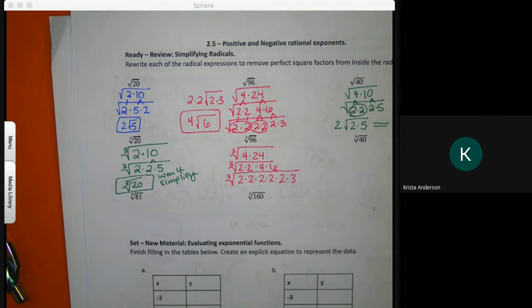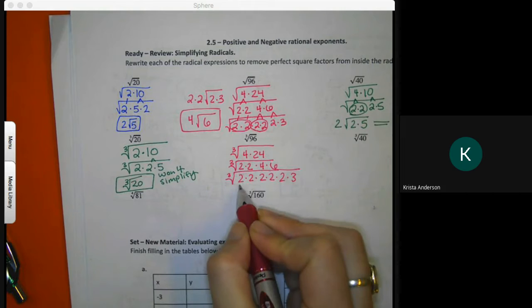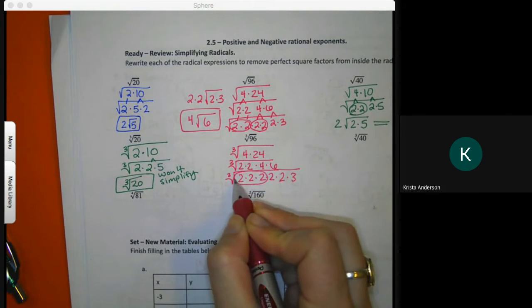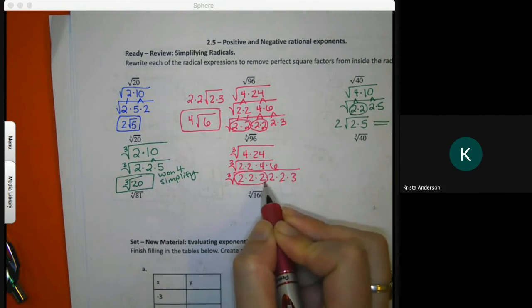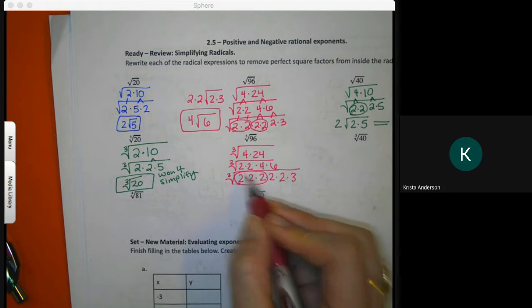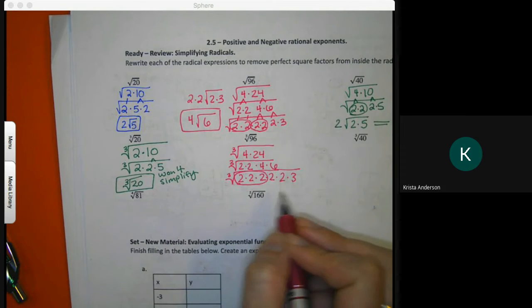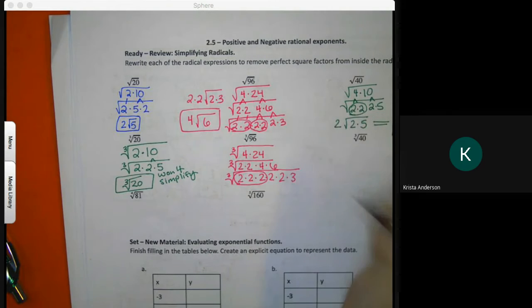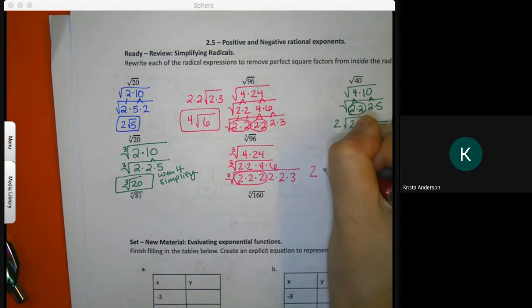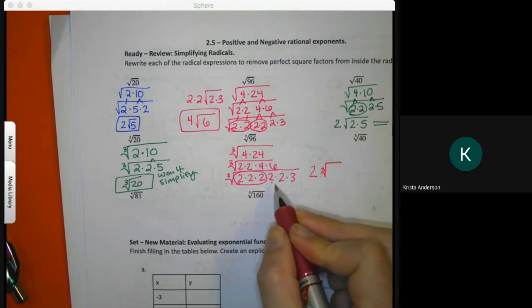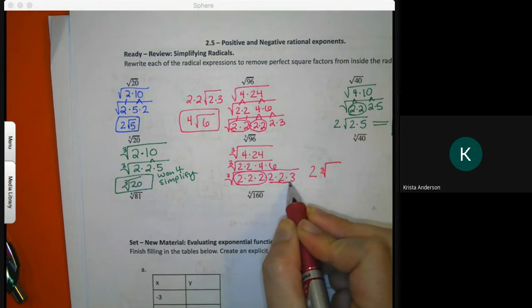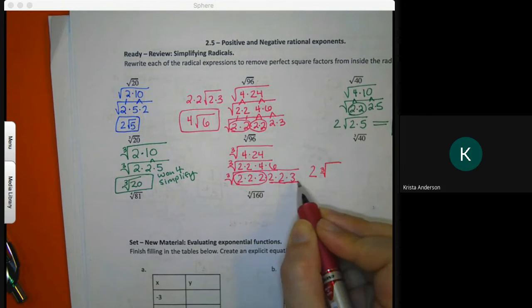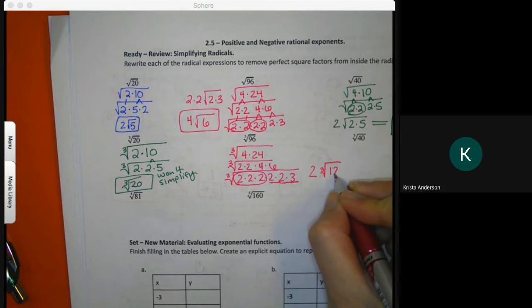Because I have a cube, I have to group them by 3s. These 3 could leave together. Nothing else could leave because there are not 3 that I can group together. So the 2 would come out. I would have a cube on my root. 2 times 2 is 4 times 3 is 12.